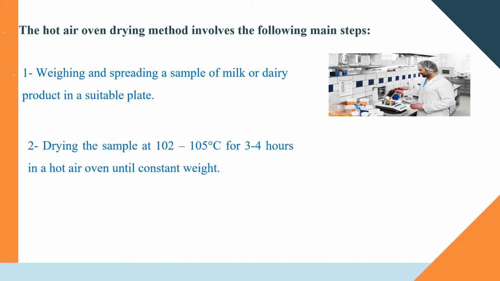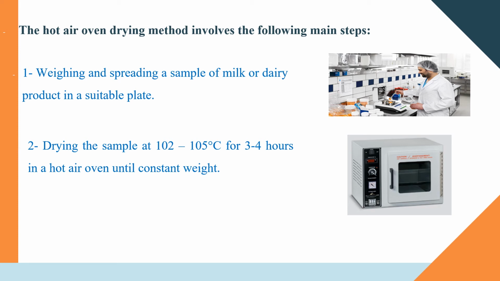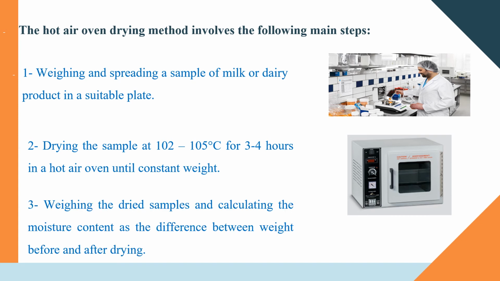This is to be followed by exposing this sample to high temperature in a hot air oven. It is normally exposed to a high temperature of 102 to 105 for 3 to 4 hours. And then after the drying, we need to reweigh the sample and calculate the difference between the weight before drying and after drying, which gives us the moisture content.